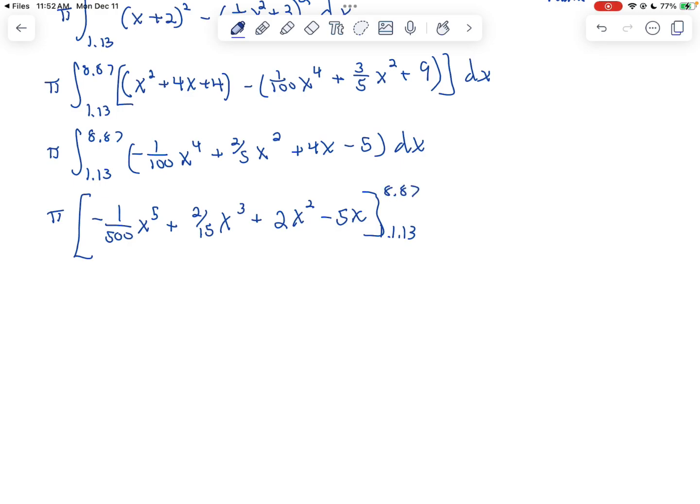All right, so I'm going to take pi times, plugging in 8.87 in place of every x, I end up with 96.2407 in my calculator. Again, you can use your calculator to help you out. And then when I subtract, plugging in 1.13 in place of every x, I get a negative 2.907.